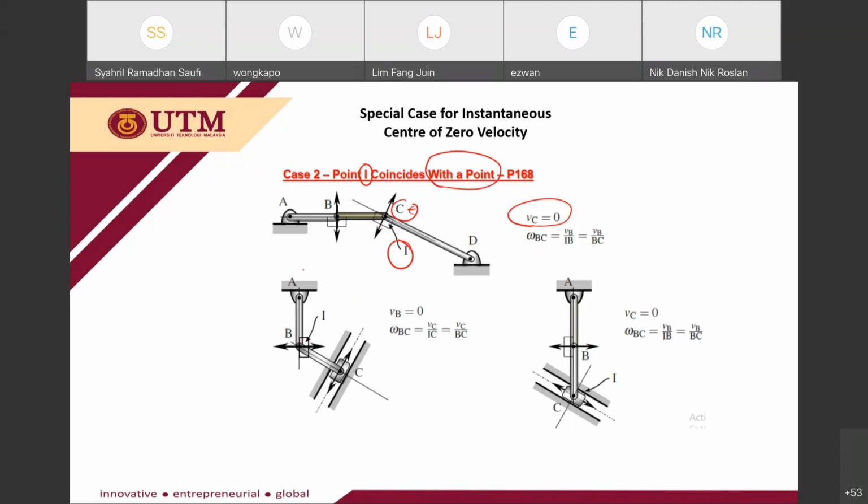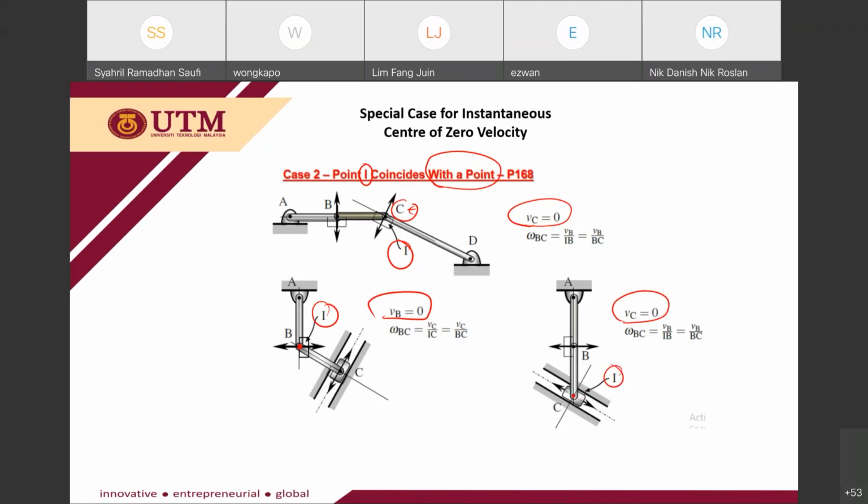And for this case, the instantaneous center of zero velocity is located at point B, so VB is equal to 0. Same goes for this case, where your I, the instantaneous center of zero velocity, is located at a point inside the member, so VC is equal to 0.